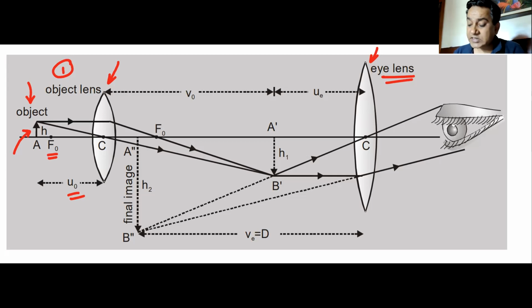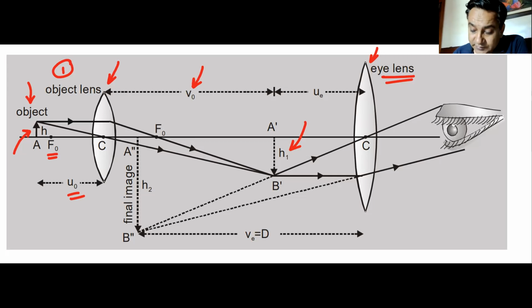We want a real image. This real image which is formed is inverted, and VO is the distance of the first image that is created by the objective lens. So far, so good. Are we following this? Yes or no?